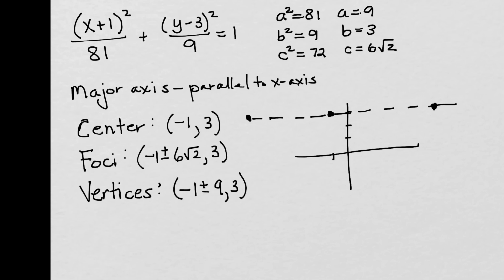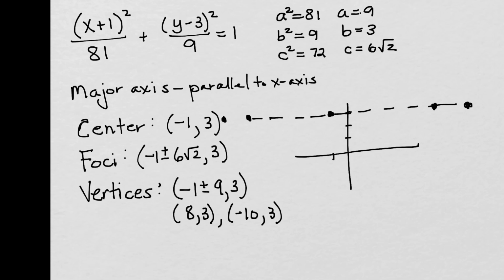I don't want to leave it like this. So -1 plus 9 gives me 8, and we have 8 comma 3, and then -1 minus 9 gives me -10, so then I have -10 comma 3. So I have my foci and my vertices. My vertices will be a little bit further out from the foci, of course.